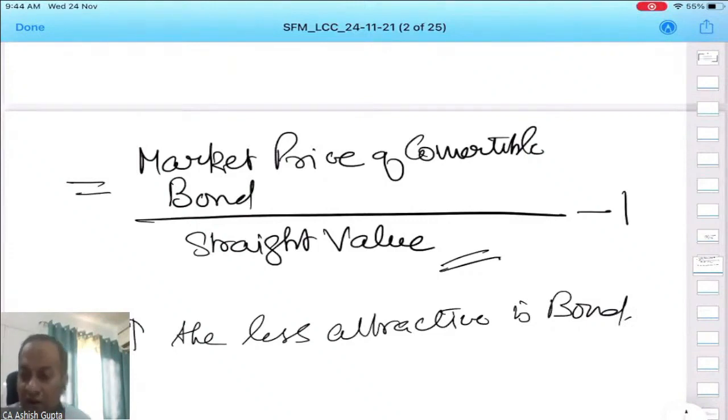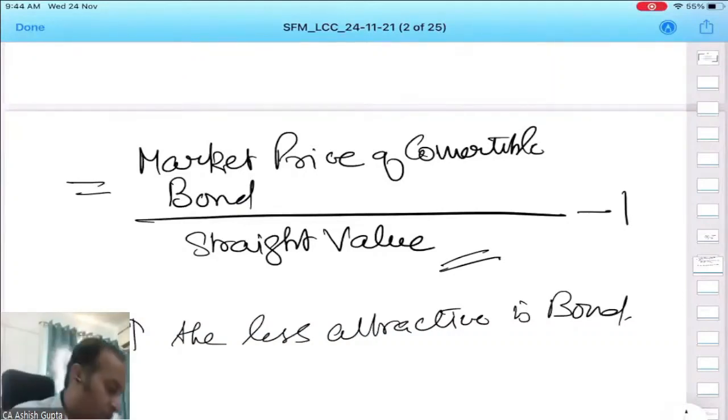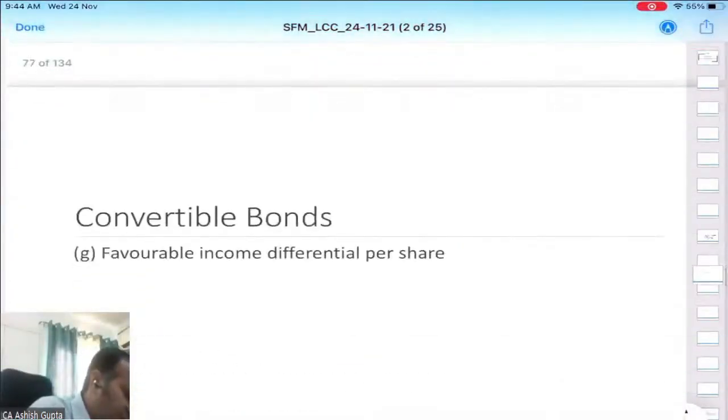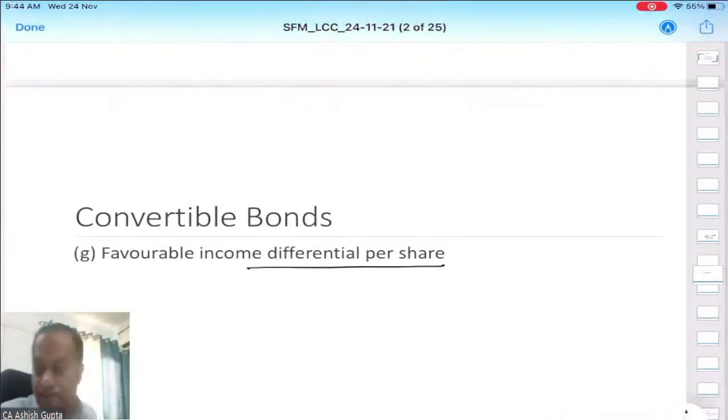Okay, student. Next I am discussing favorable income differential per share. Now, what exactly does this mean?